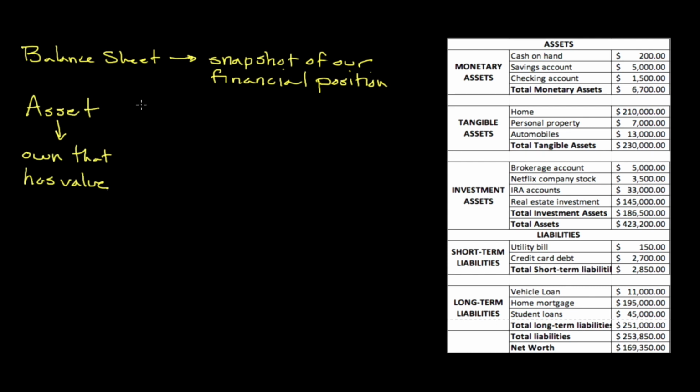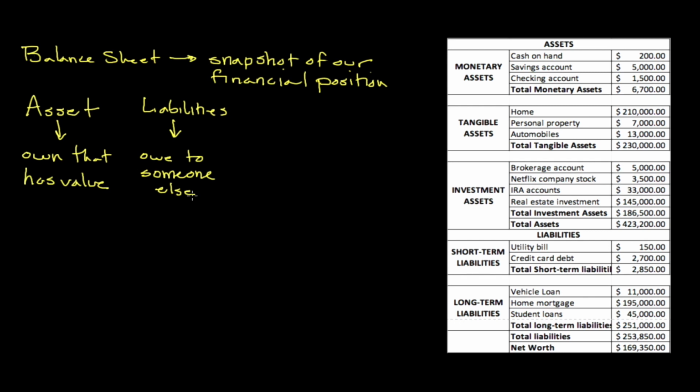The other thing that's listed on the balance sheet are what we call liabilities. Now, a liability is the opposite of an asset. It is something that we owe to someone else. So as an example before, we talked about an asset being a home.